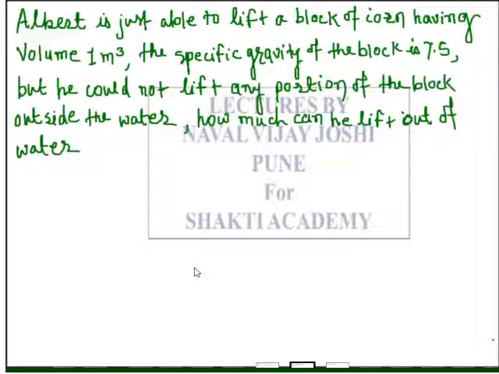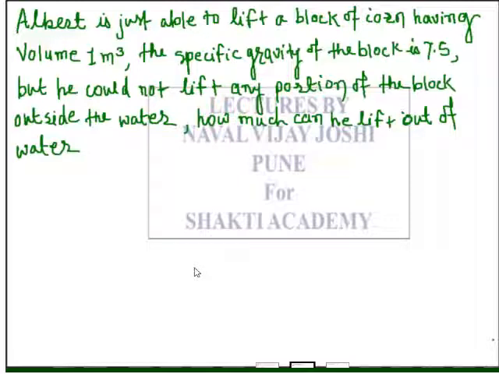Now, when I read this problem, I make a thinking map of this numerical in my mind. First of all, what is the magic inside the liquid that he could lift the block only inside the liquid? Why could he not lift the block outside the liquid? What does the liquid or the water do with that block?